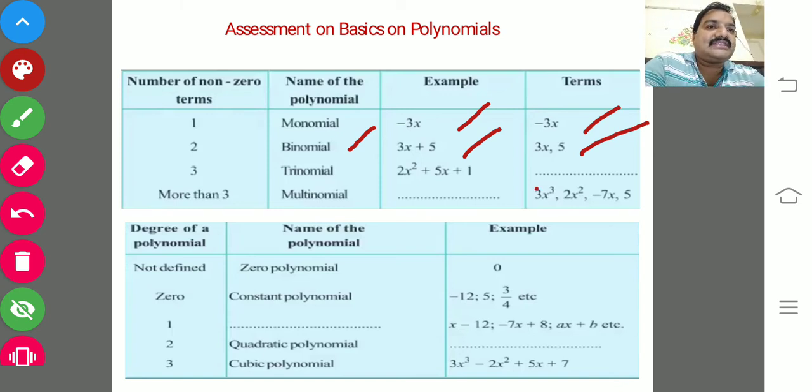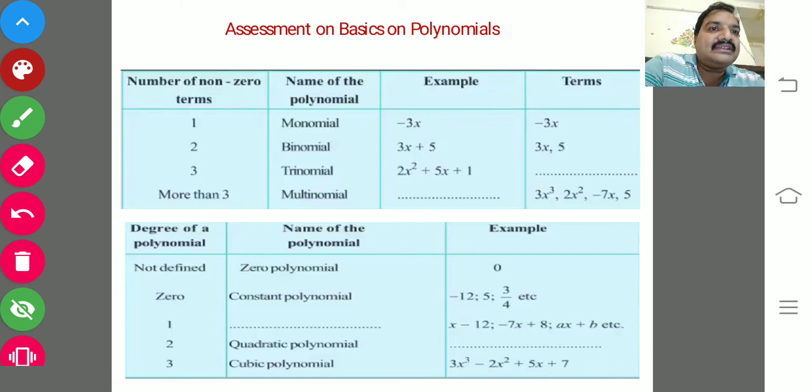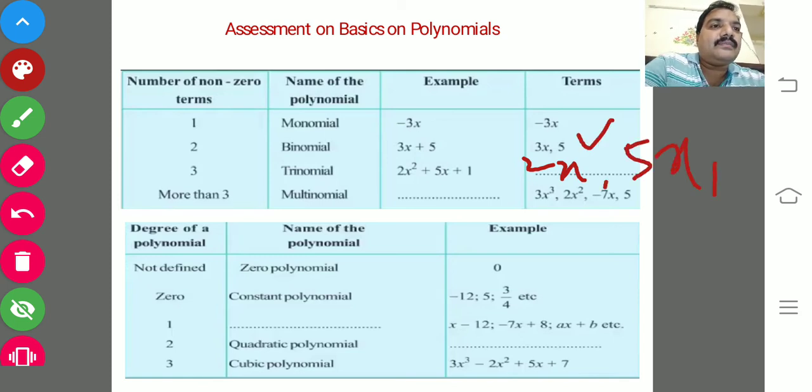And here 2x square plus 5x plus 1. The algebraic expression is a trinomial. So what are the terms? 2x square, comma, 5x, comma, 1. So these are the terms.